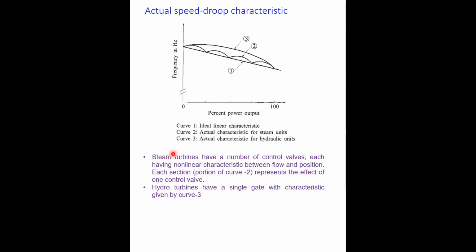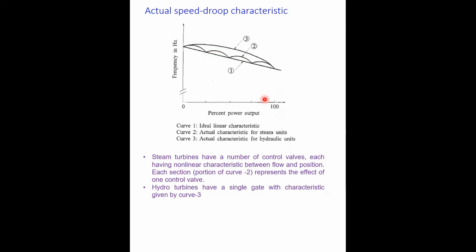This one is from a steam turbine, because in case of a steam turbine, you have several valves, and sets of valves correspond to a definite amount of change in the output power here. So this could be one set of valves, second set of valves, third set of valves, and a final set of valves, so as to get the 100% output power.